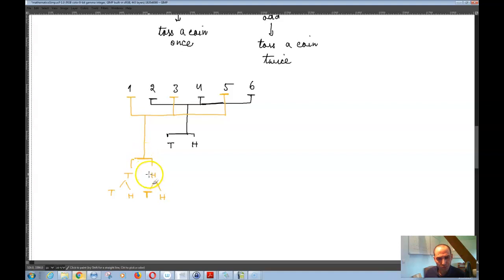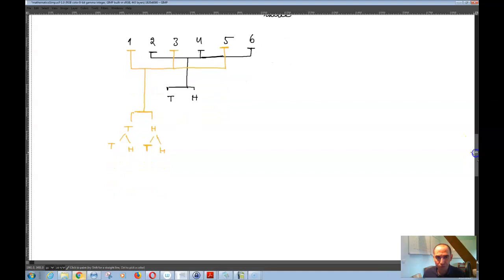Okay, so now we need to write the sample space for this experiment. Basically, starting from the top, you have 1 and 3 and 5 coming over here, and over here we have these.